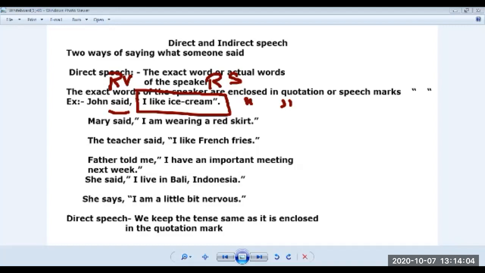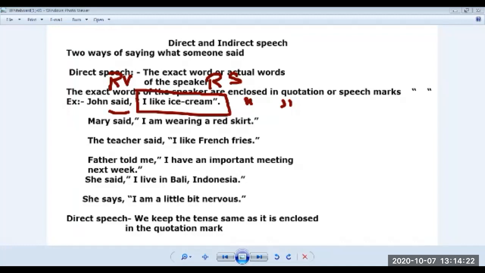For example, John said, John told, John says. You can also use the present verb, you can also use the past verb. John tells.